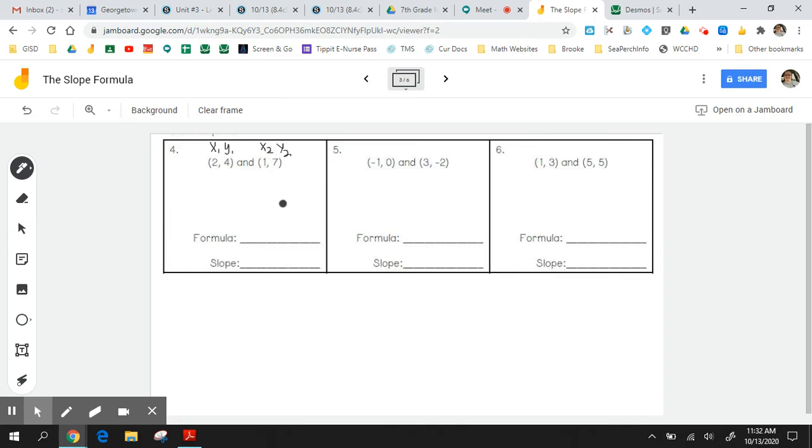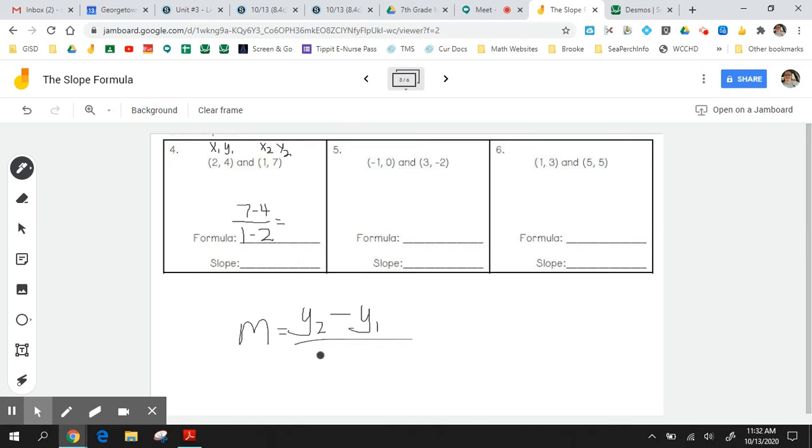Okay, so when I go to write the formula, I'm going to say y2 minus y1, so 7 minus 4, plugging in as I go. x2 is 1 minus x1 is 2. Alrighty, so let me write the formula down here again because I have all this space.